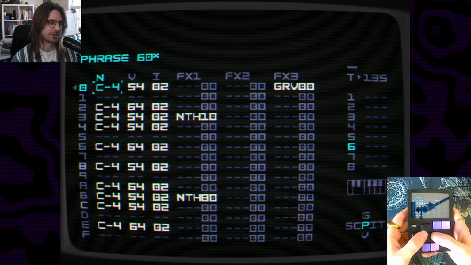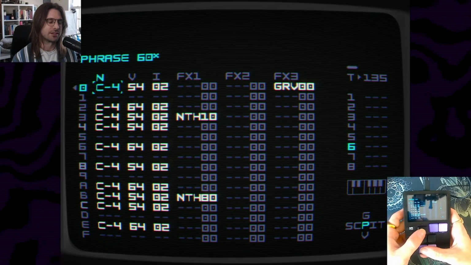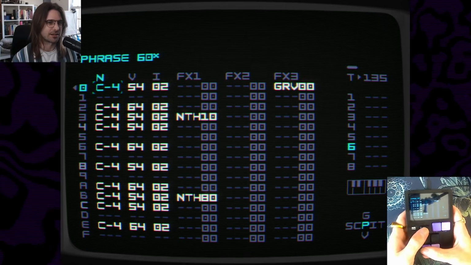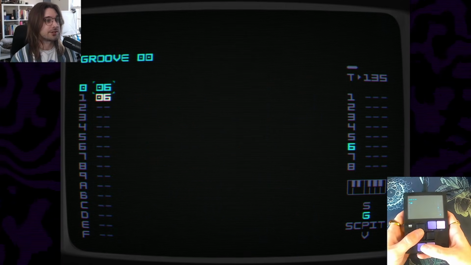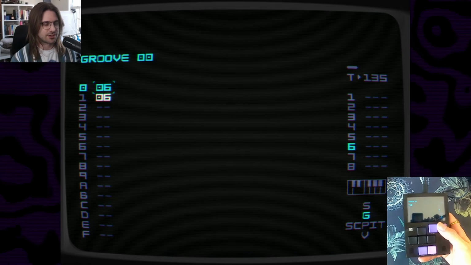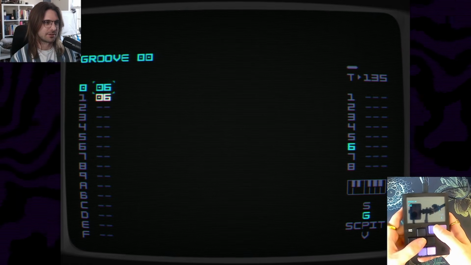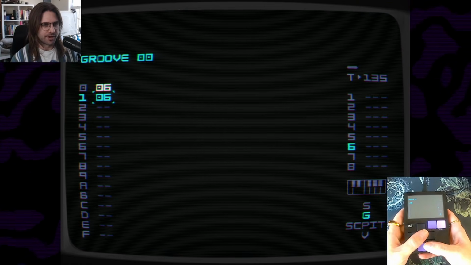From step 0 on your phrase page all the way down to step F, it's going to take 96 ticks for that to happen. What's interesting about how the grooves function on the M8 is you can change the length of any one of these steps arbitrarily.